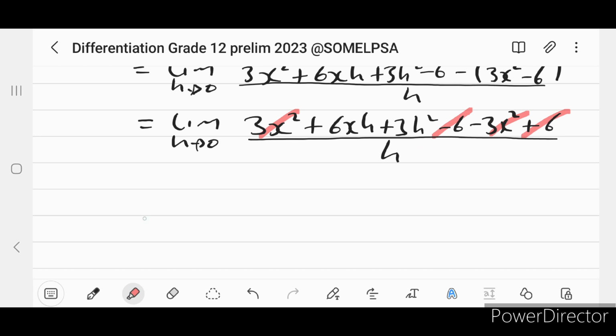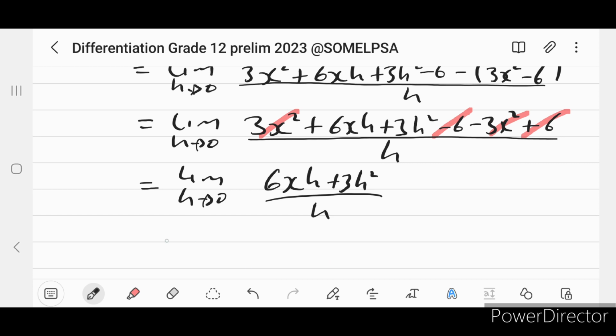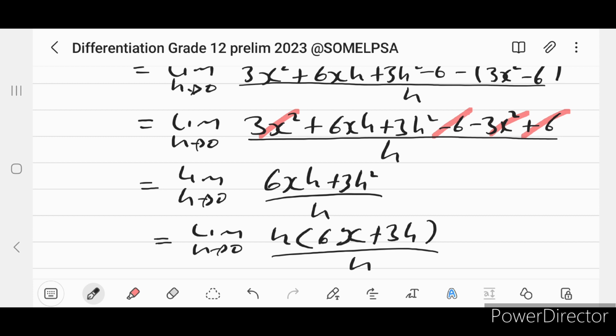I'm left with only terms that have h on them. That is 6xh plus 3h squared over h. Common factor time. I'm left with 6x plus 3h over h.